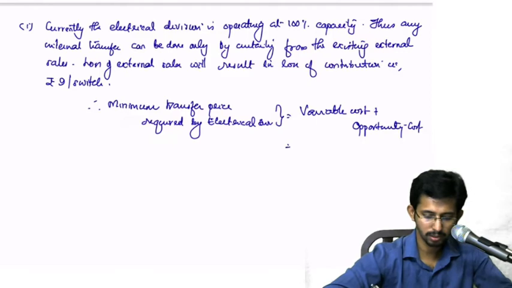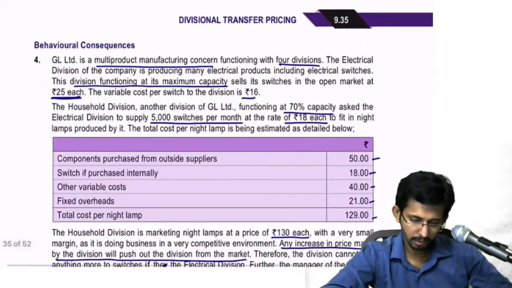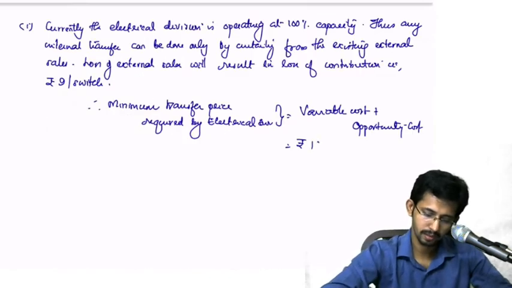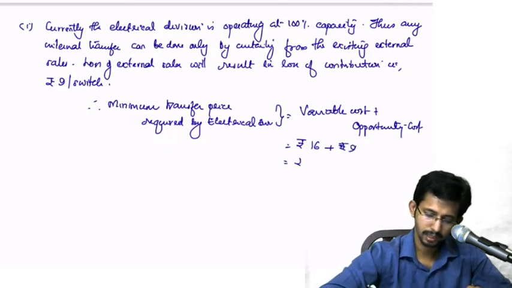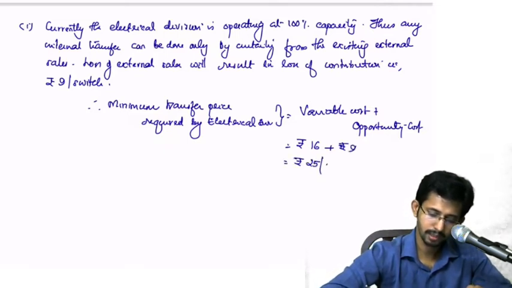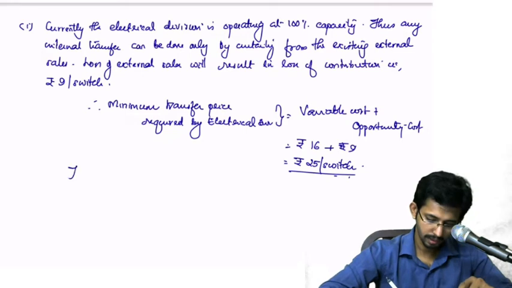What is variable cost? Variable cost is rupees 16, plus what is opportunity cost? Contribution foregone, that is rupees 9. So that will be rupees 25 per switch.